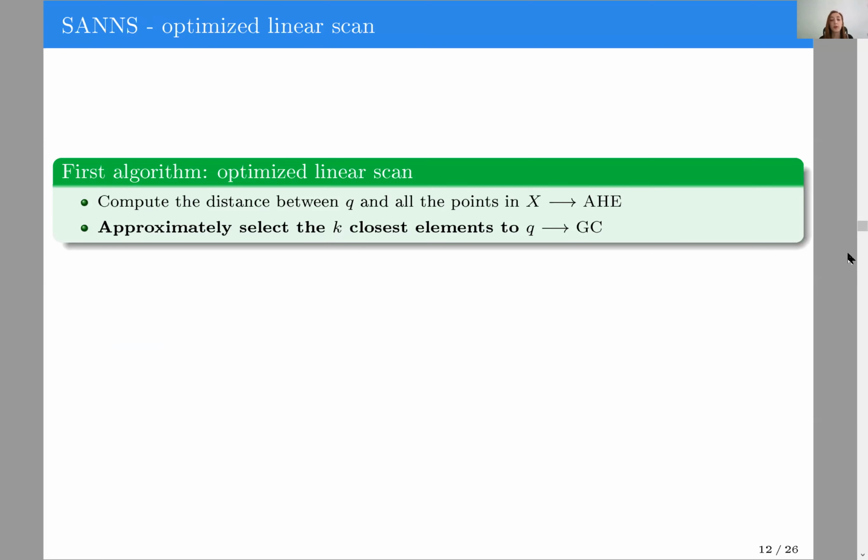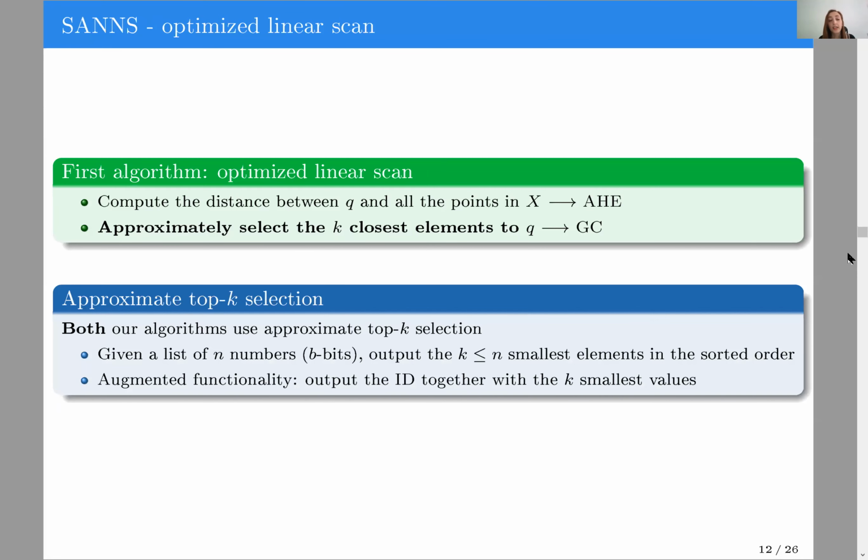And in the second part, the top K selection, we're going to perform the top K selection with an approximate top K algorithm. This top K selection is going to be done with garbled circuits. The approximate top K selection is going to be used in both our algorithms, the linear scan and also later in the clustering-based algorithm.